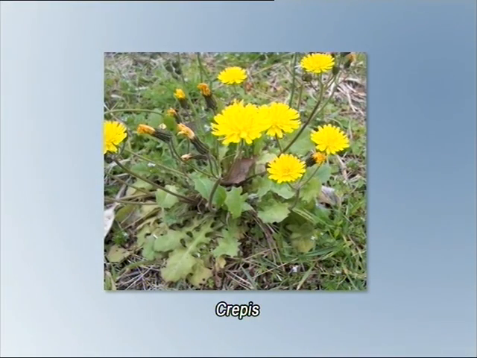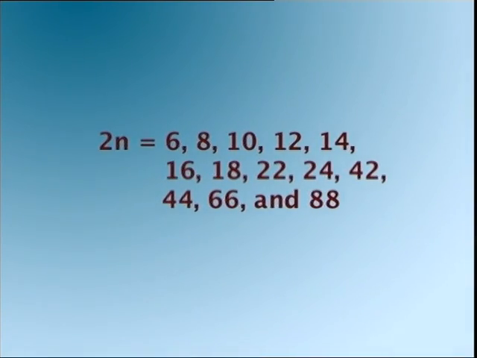And in Crepis, 2n equal to 6, 8, 10, 12, 14, 16, 18, 22, 24, 42, 44, 66, 88 and some other numbers with less obvious clustering. Where the numbers bear no obvious relation to a particular series of ploidy levels, the term dysploidy may be used.